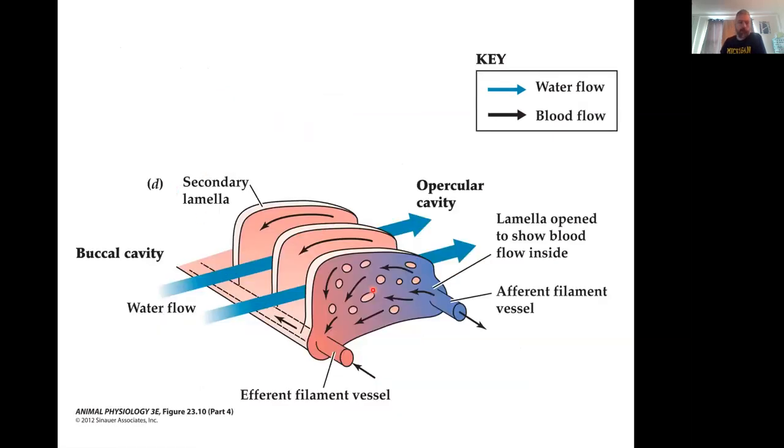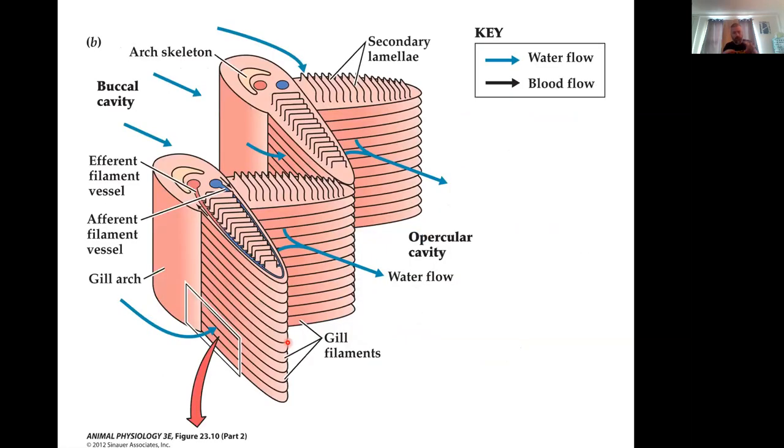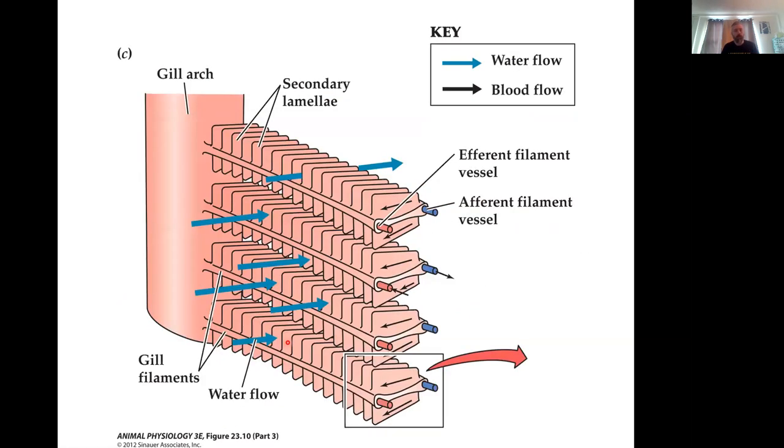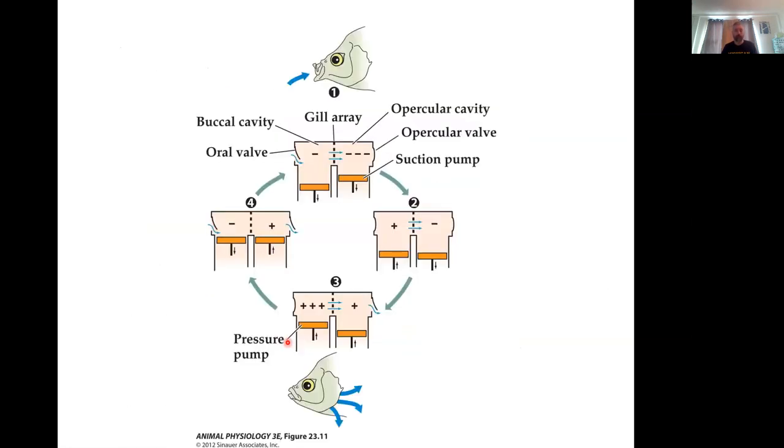Here are these little secondary lamellae again, water flowing between them, blood flowing the opposite direction. This is vitally important, all of this process, all of this anatomy, all of this surface area, because again, remember, water is lousy for oxygen. There's just not a lot in it. And so they need to gather as much as they possibly can, with as much surface area as they possibly can, as efficient as they possibly can when they do it.